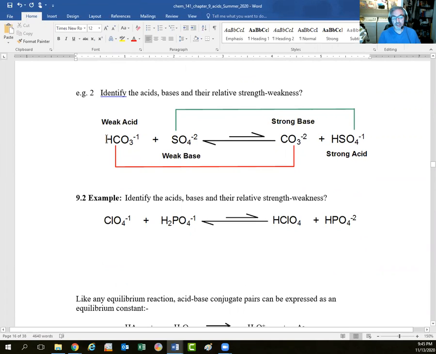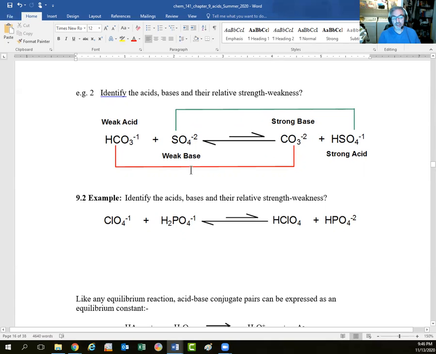As we break it up, the HCl3 has a conjugate partner of Cl3 because the conjugate's formula is only allowed to change by having more or less protons. And the HCl3, in order to turn into Cl3, has got to give away a proton. It's acting like an acid. It's part of the unfavored forward reaction, so it's a weak acid. And the Cl3 turning back into its conjugate has to pick up a proton.